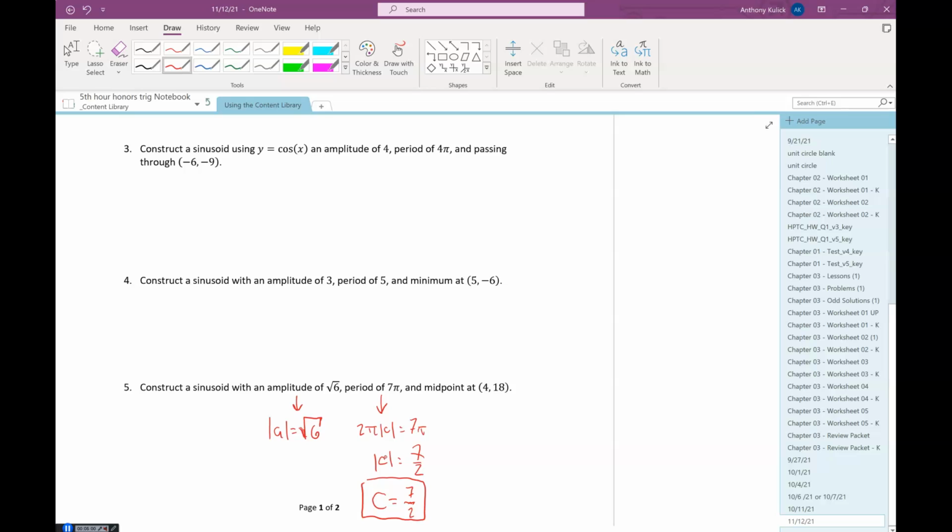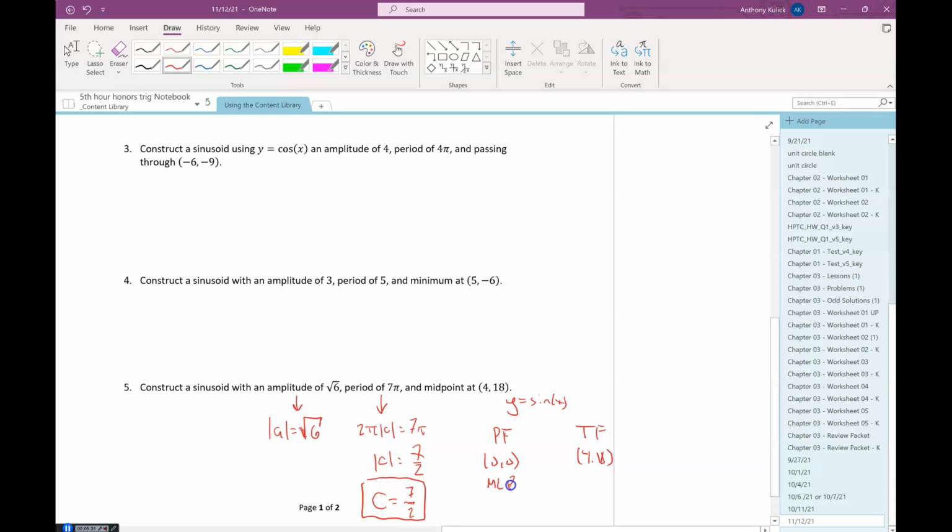And the next one, what we still need to come up with is the sign for A, and then the H and the K, right? Since we're told this is a midpoint, I'm going to use a sine function. So from the parent function, we're going to use 0, 0. And from the transform function, we're going to use the point 4, 18.